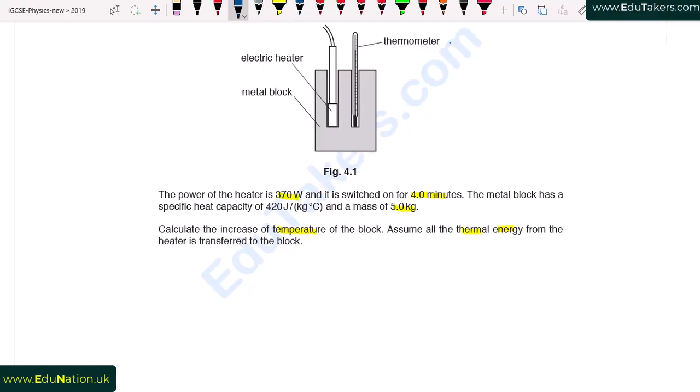Here first of all power is given, that is 370 watt and time is 4.0 minutes.